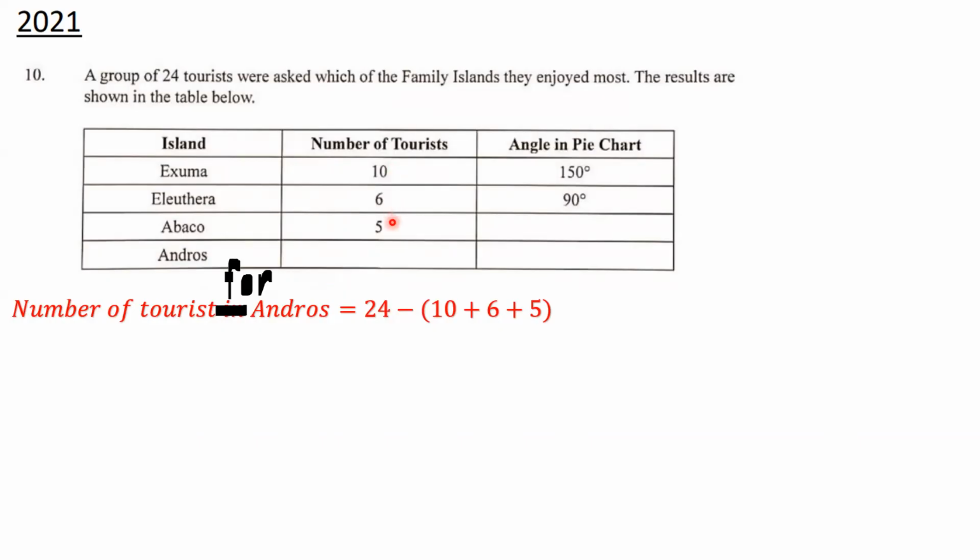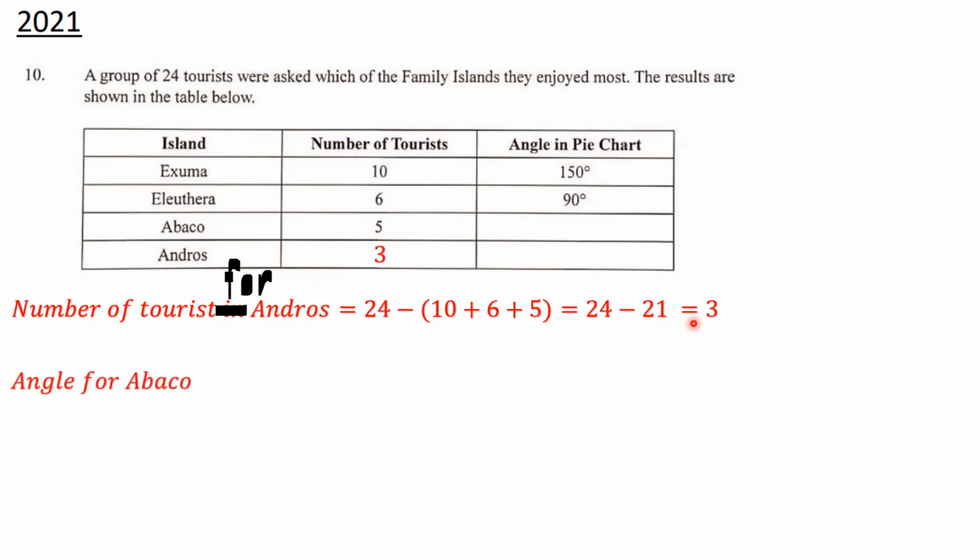We add them up and then subtract that sum from 24. So you have 24 minus 21, which is going to give us 3. So the number of tourists that enjoyed Andros the most is going to be 3. Okay, let's move on to the next question.